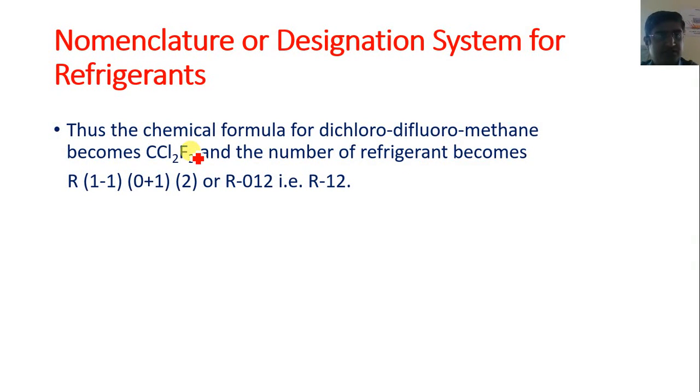Thus the chemical formula for dichlorodifluoromethane is CCl2F2, and the refrigerant number becomes R, 1 minus 1, 0 plus 1, 2. So we can also write R 012, or you can say R12. So R12 indicates dichlorodifluoromethane.